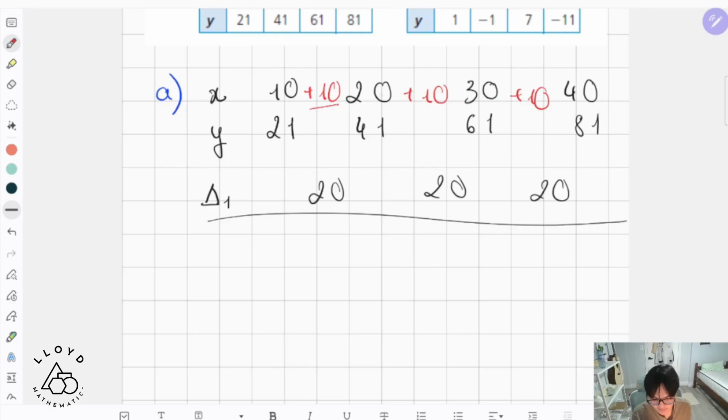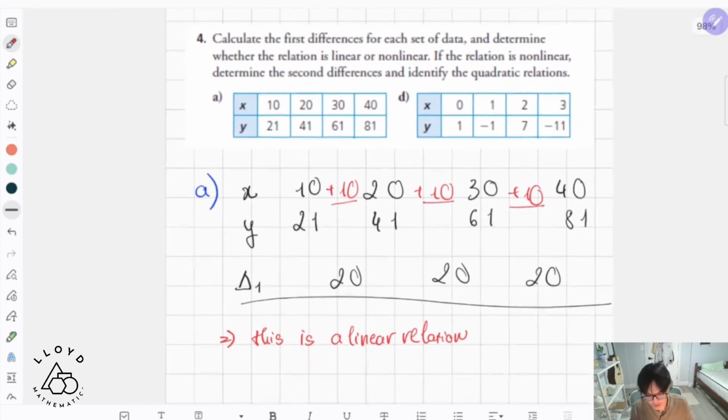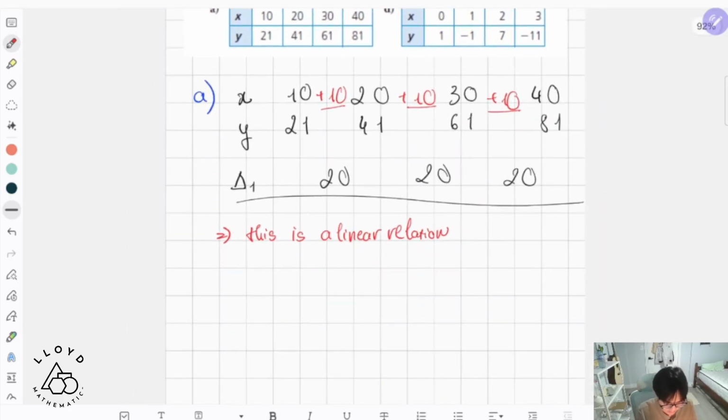So the intervals here are the same. So we can conclude that this is a linear relation, right?